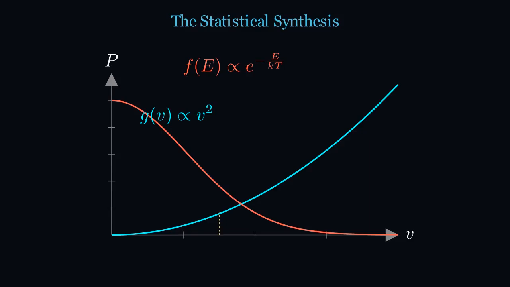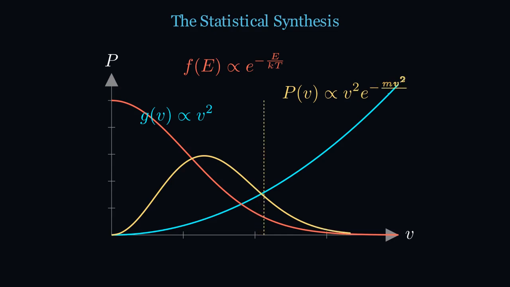But even a moderate increase in energy causes a dramatic multiplicative reduction in the probability of a molecule occupying such a state. This term ensures that molecules are far less likely to be found in the extremely high-energy, high-speed regions of velocity space.